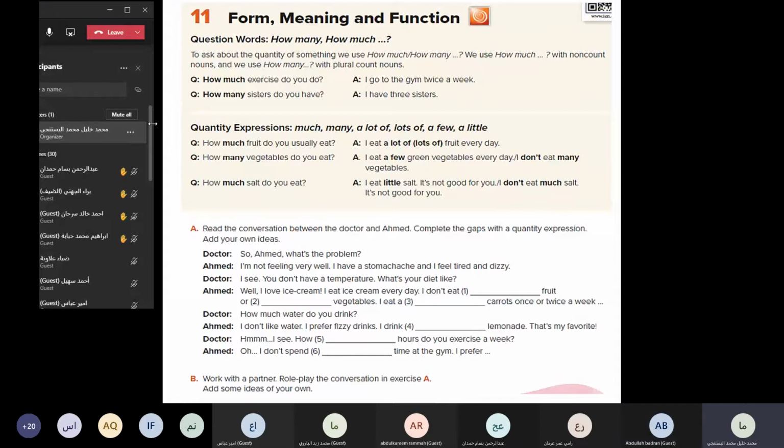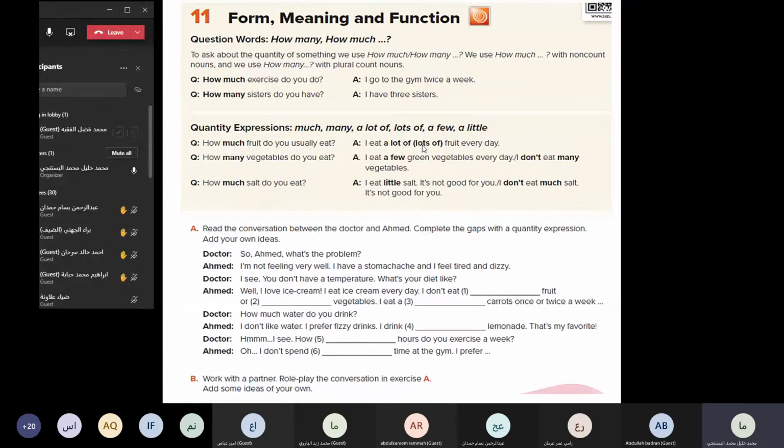I eat a lot of or lots of fruit. I eat a lot of or lots of vegetables. So a lot of or lots of are used with what? With both plural countable nouns and uncountable nouns.